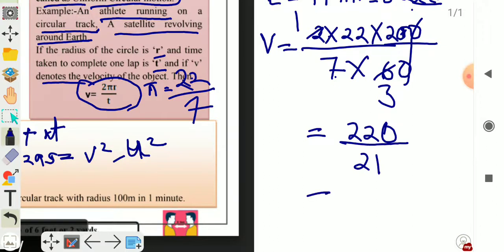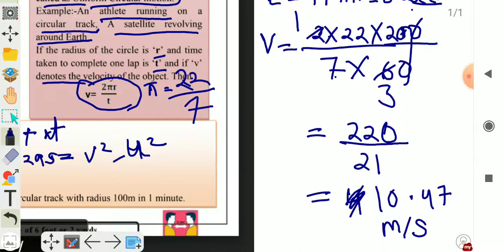When we divide 220 by 21, we will get 10.47. So the answer will be 10.47 meter per second. This is your answer. Thanks for watching.